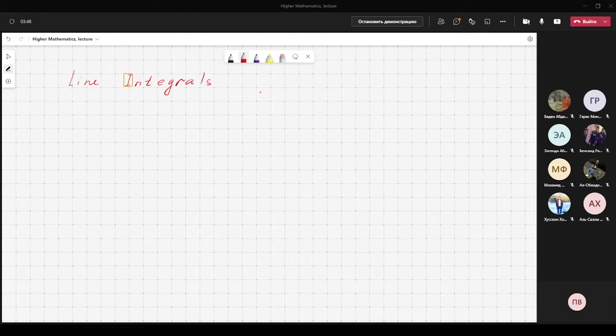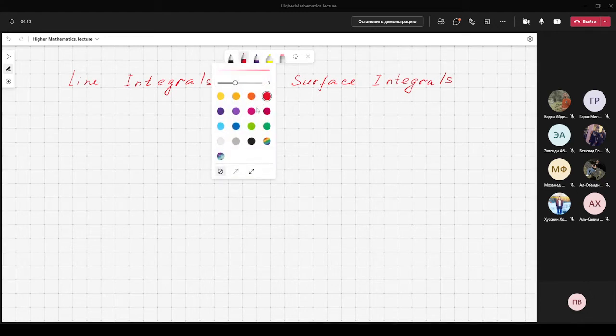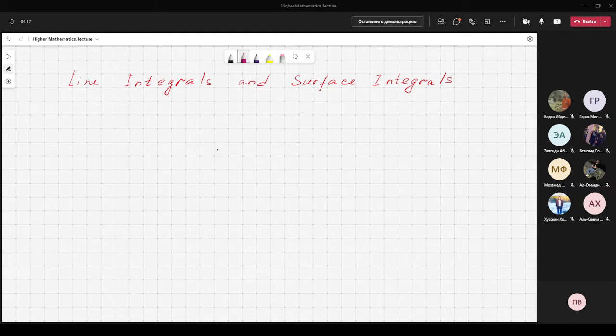And surface integrals. And start with line integrals.